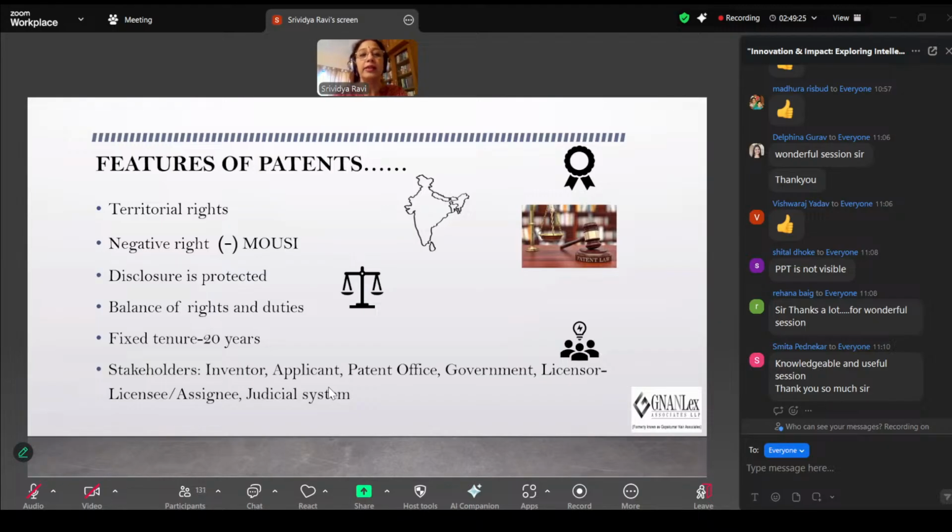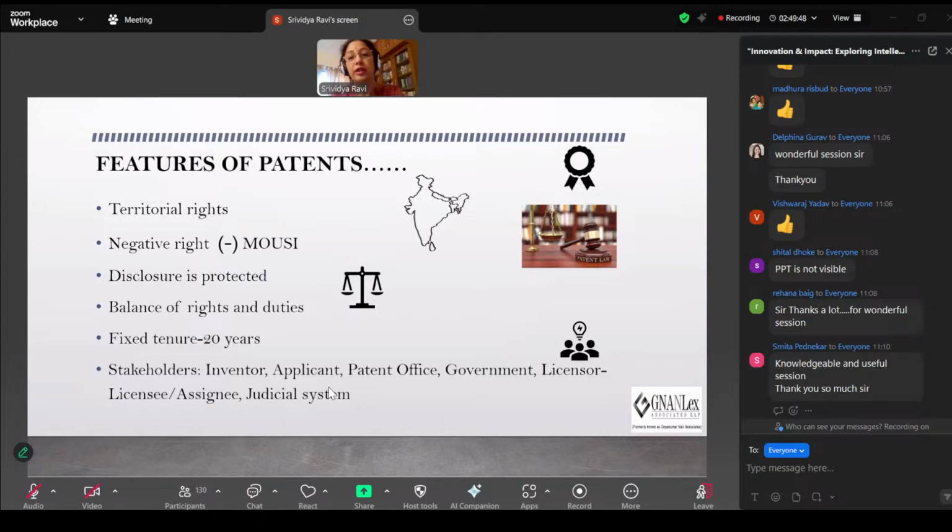And what exactly are the rights? It's a negative right, as the law suggests. And the rights are, you can prevent others from manufacturing, offering for sale, using, selling, or importing your invention. Your invention cannot be used by anybody other than you.